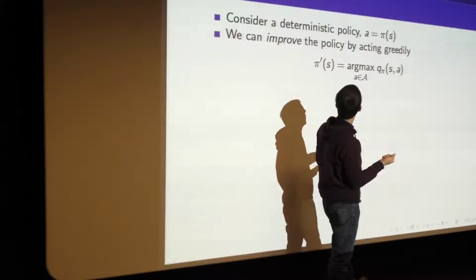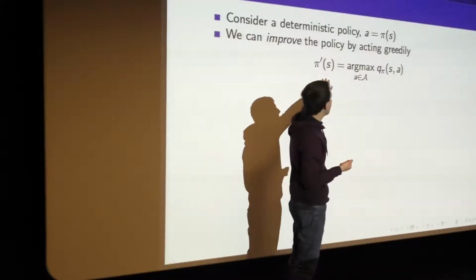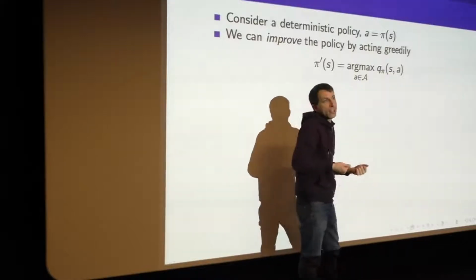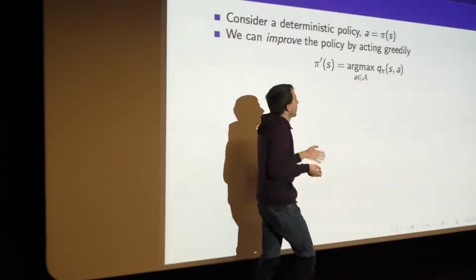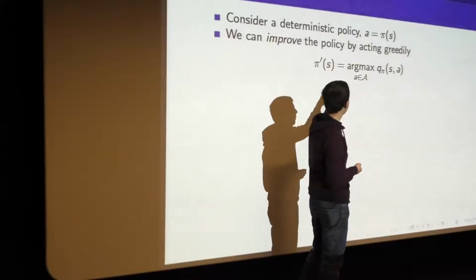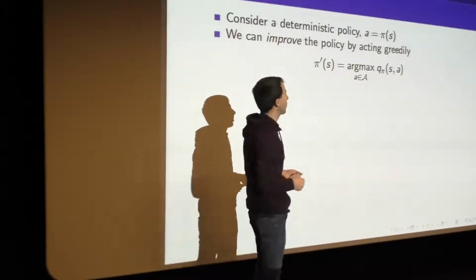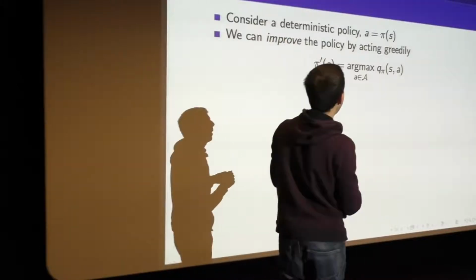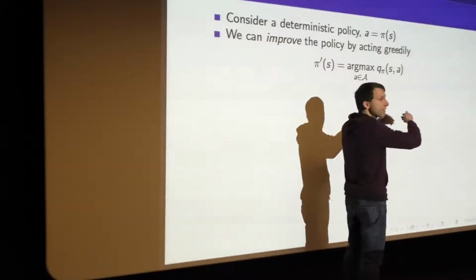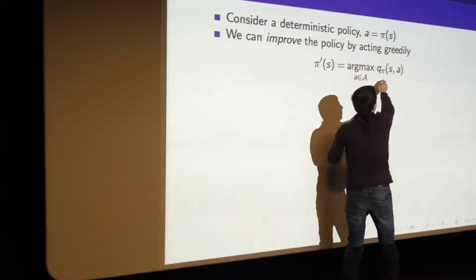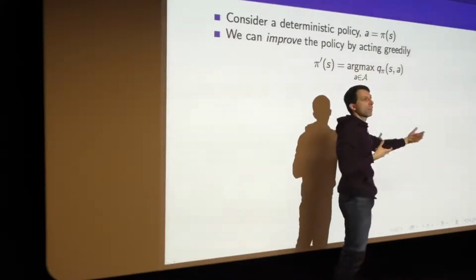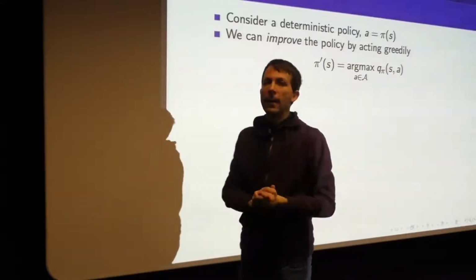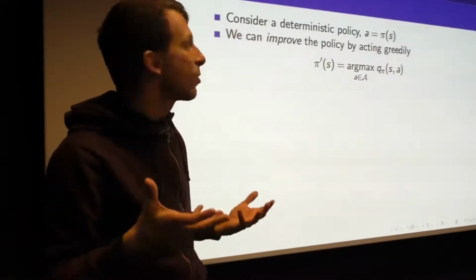So what we want to do is pick actions in a way that gives us the maximum action value, the action that gives us the most Q. That's what this argmax means. It just returns the action that maximizes this quantity. And Q, remember, is just the immediate reward when you take action A, plus the state value that you get where you end up. So that's what it means to act greedily.